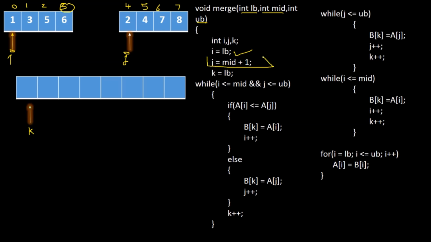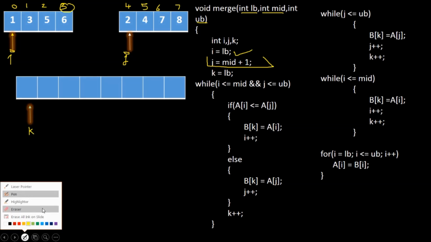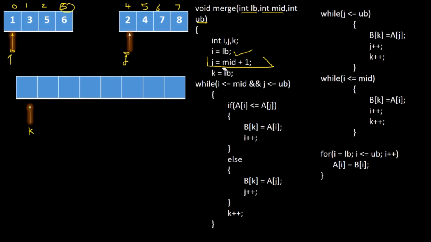Why is it 3 plus 1? See here, I will show you. I will first erase this, then I will show you why it is 3 plus 1. See here, j is equal to mid plus 1 because j points to this element 2.